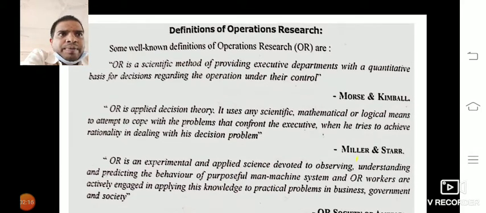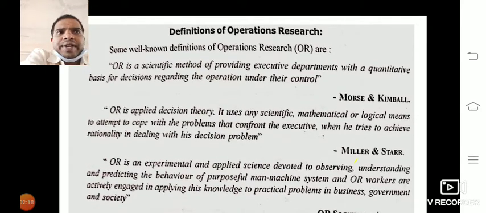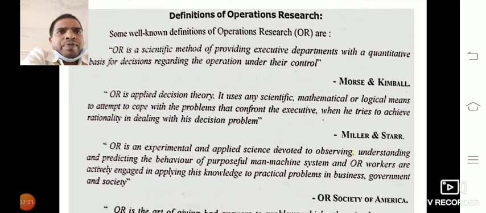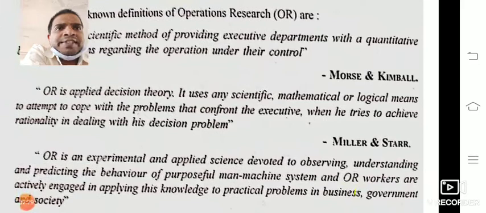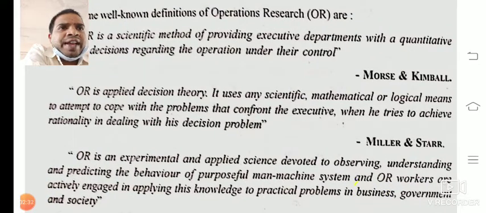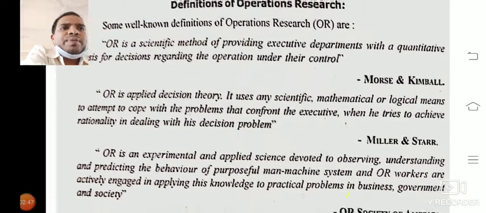He mainly concentrated on the decision making process. The second scientist, Miller, proposed that OR is an applied decision theory. It uses any scientific, mathematical or logical means to attempt to cope with the problems that confront the executive when he tries to achieve rationality in dealing with his decision problems.